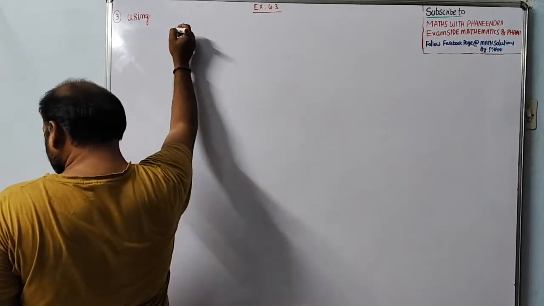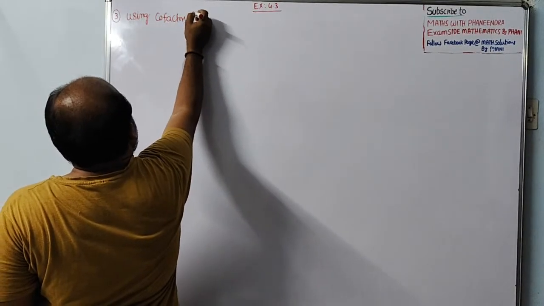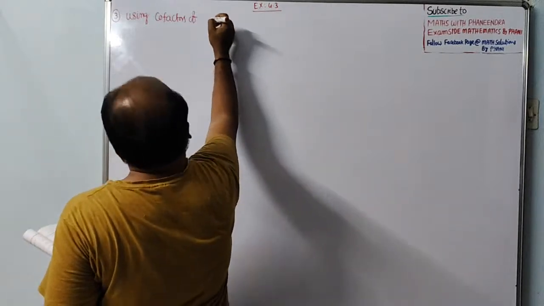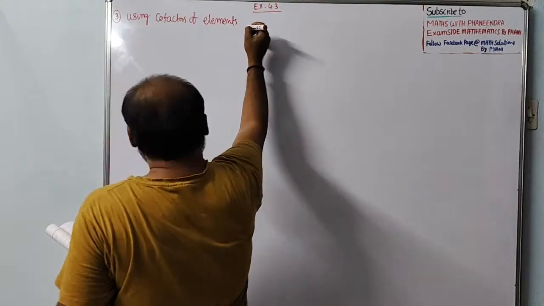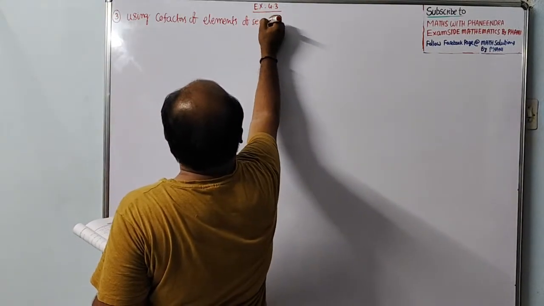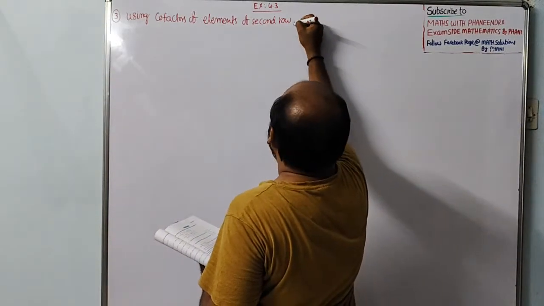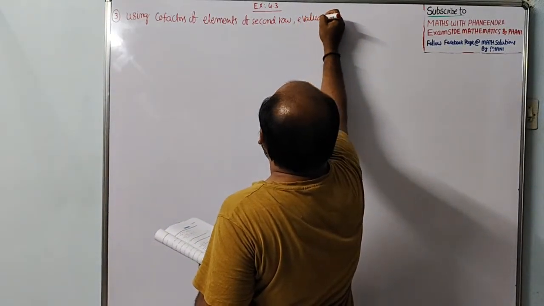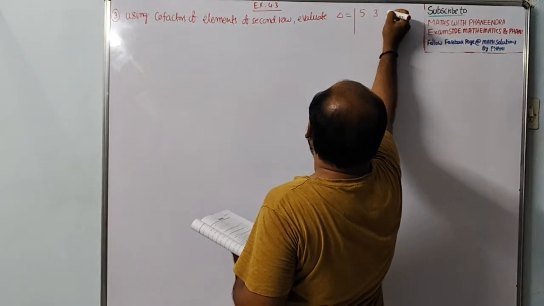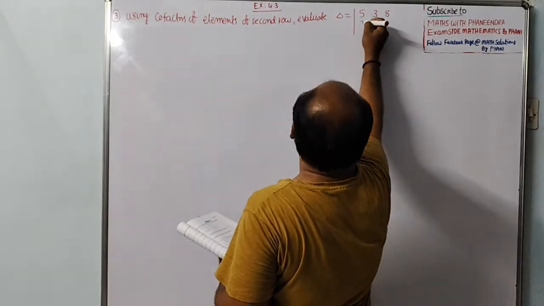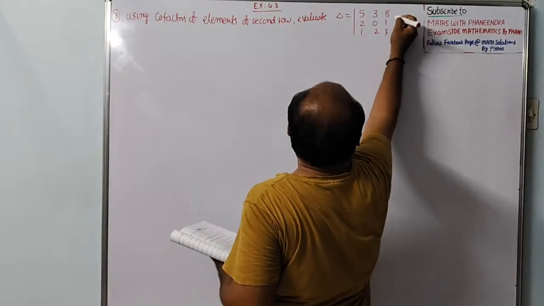Using cofactors of elements of second row, evaluate delta equal to 5 3 8, 2 0 1, 1 2 3.